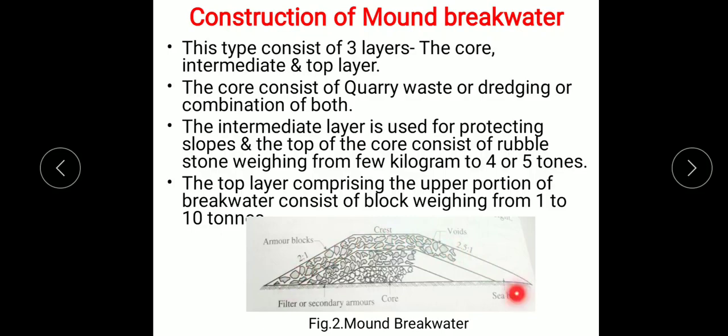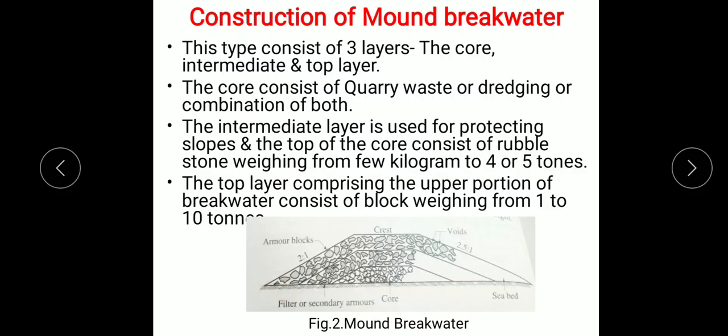From the sea side, a slope of 2.5:1 is provided for the top layer, and on the opposite side, a slope of 2:1 is provided to the top layer. So basically the mound breakwater consists of 3 layers: the core, the intermediate and top layer.